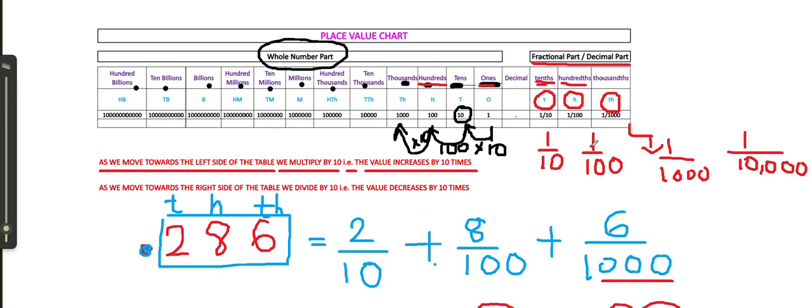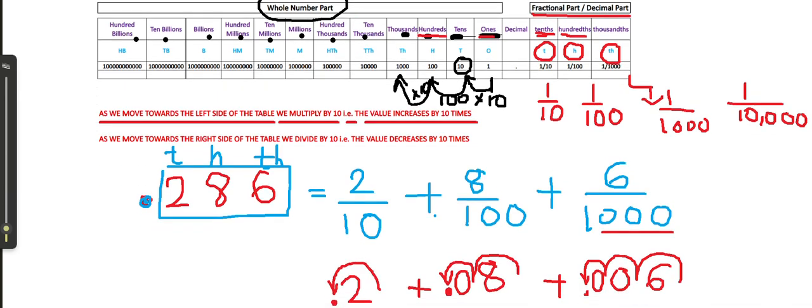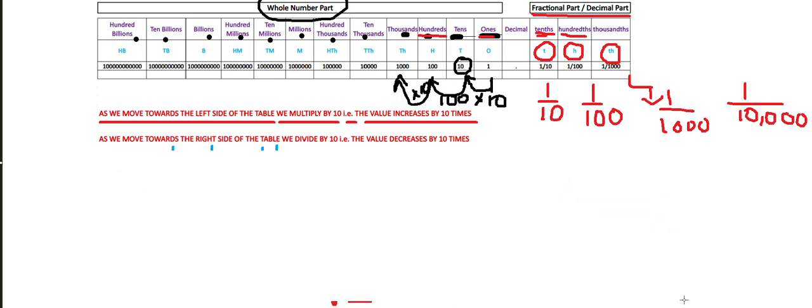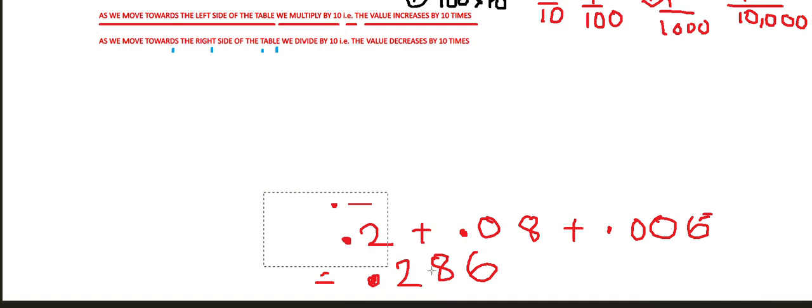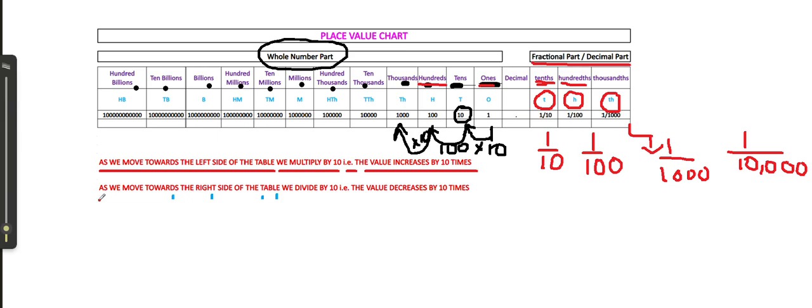Okay, so we have done two parts separately. We have done the whole number part and we have done the fractional or the decimal part, right? Now we are going to merge the whole number and the decimal part. But before that, we are going to have a quick look at the write-up over here.